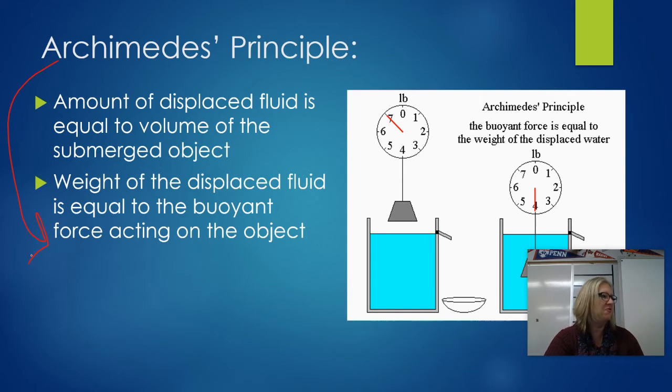So if I have a funky shaped object, it's difficult to determine the volume of it, okay? Let's say I have a hammer. I can't do length times width. I just can't really measure the volume of this. But if I put this in a beaker of water and I determine how much higher the water level goes, that's going to tell me how much water was displaced by this. That's going to equal the volume of this object, okay?